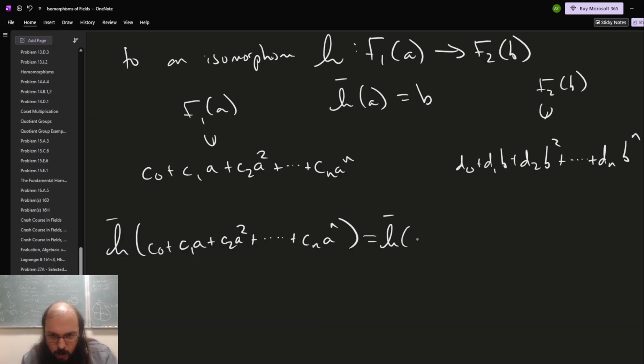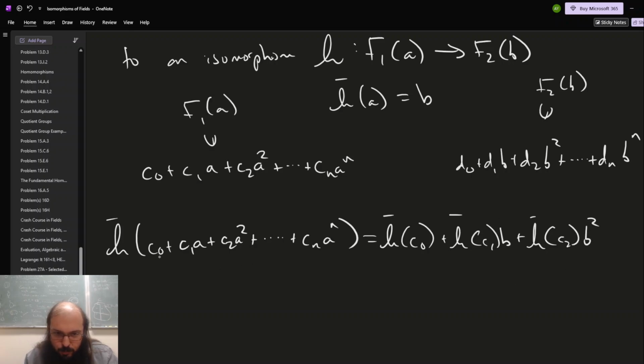So we get H bar of C0 plus H bar of C1 times, we'll send that over to B, plus H bar of C2, B squared, right? We're just breaking everything up over addition and multiplication. The A's are going to the B's.